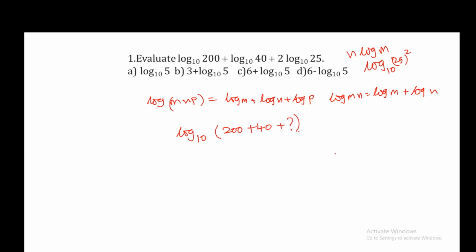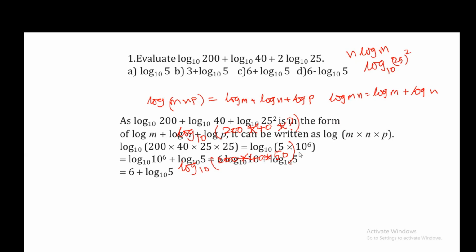So I will write here log base 10, 200 plus 40 plus 25 square. It is in the multiplication form. Then we have to find the answer. See here, 200, 40, 25, 25.